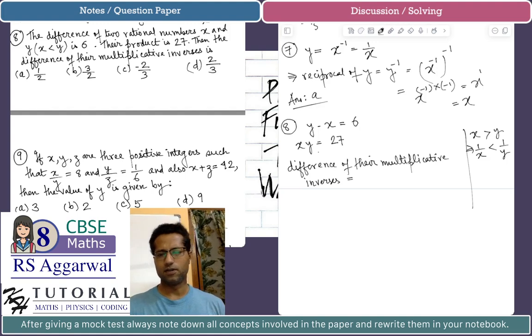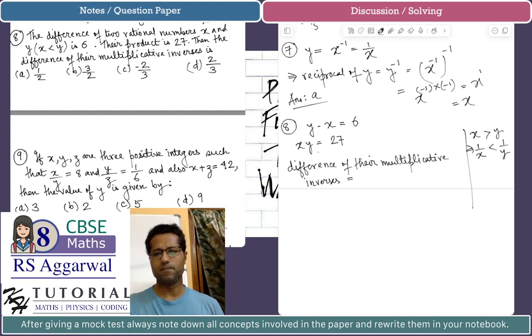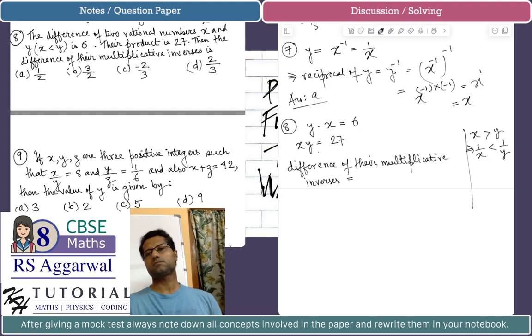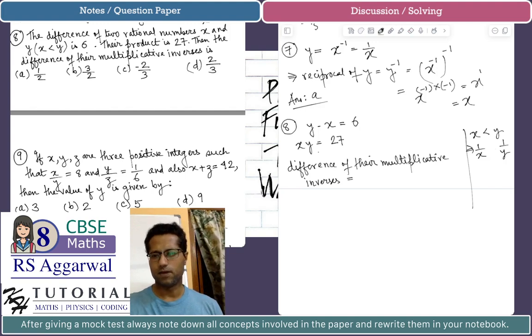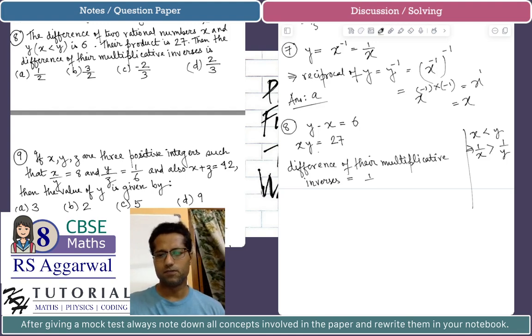So the difference of the multiplicative inverses will be, oh sorry, it is given that x is less than y. So 1 by x will be greater than 1 by y. So the difference of the multiplicative inverses will be 1 by x minus 1 by y.